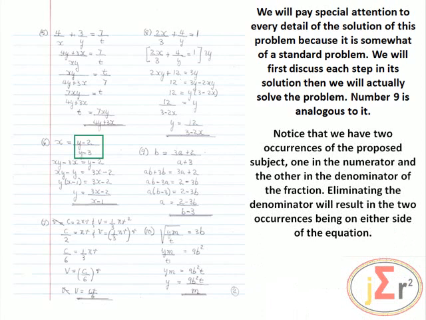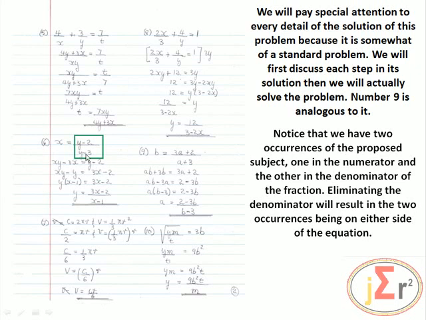Notice that what we have right here, we have 2 occurrences of the proposed subject. One in the numerator and the other in the denominator of the fraction. Eliminating the denominator will result in the 2 occurrences being on either side of the equation, like we have right here.